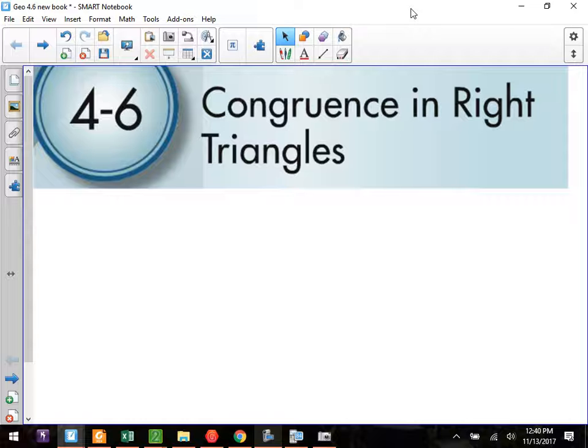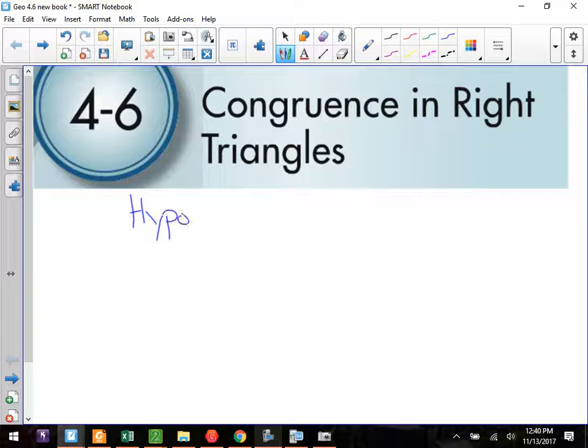So when we talk about this thing called hypotenuse leg, what kind of triangles are the only triangles that have a hypotenuse? Right. So if we're talking about right triangles, the reason this works is because it only works for right triangles.